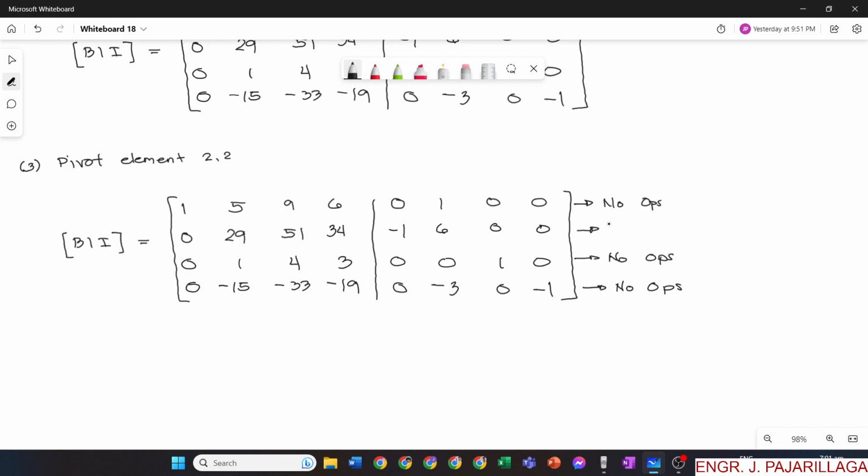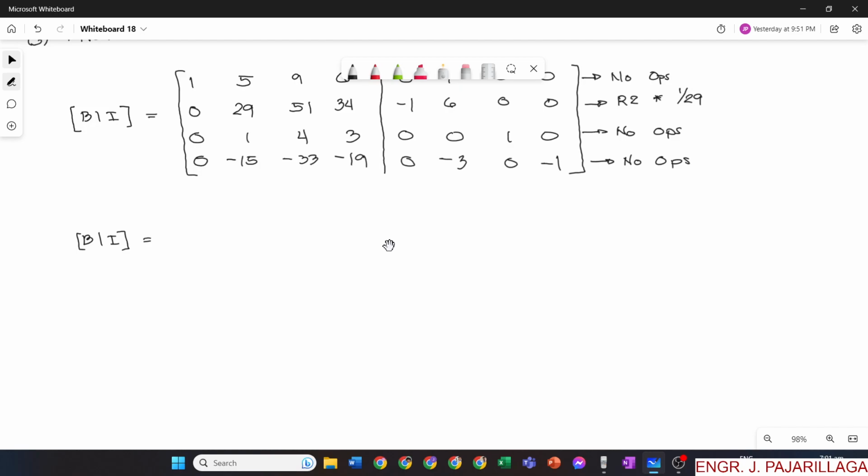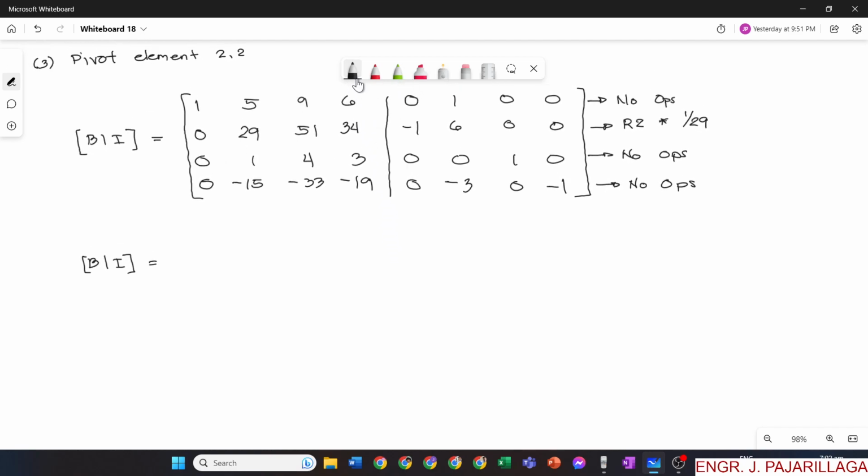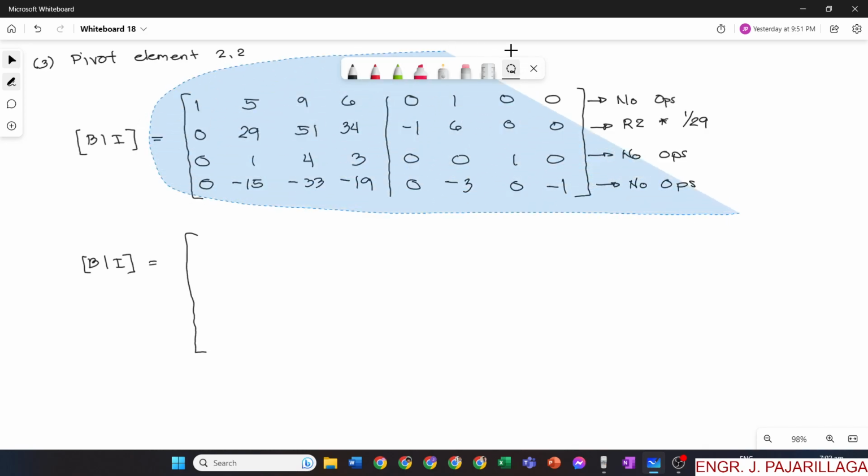Okay? So, for this one, ang gagawin natin, row 2, since magpa-pivot tayo, i-multiply natin to sa reciprocal niya. So, multiplied by 1 over 29. Okay? So, therefore, our now matrix, modified augmented matrix... So, since wala ang pagbabago, wala namang operation for the rest of the rows, pwede ko na lang itong kopyahin.